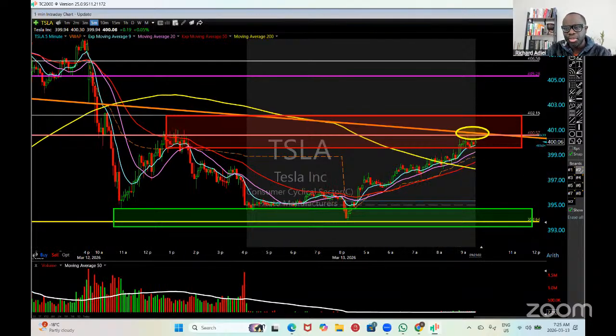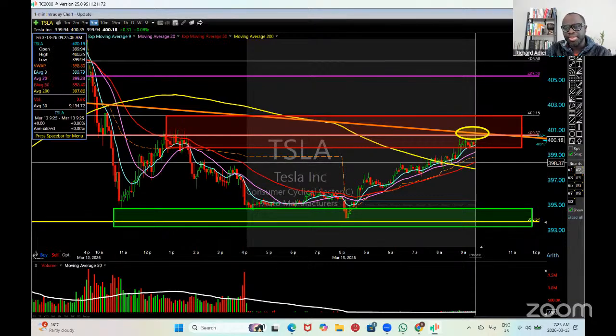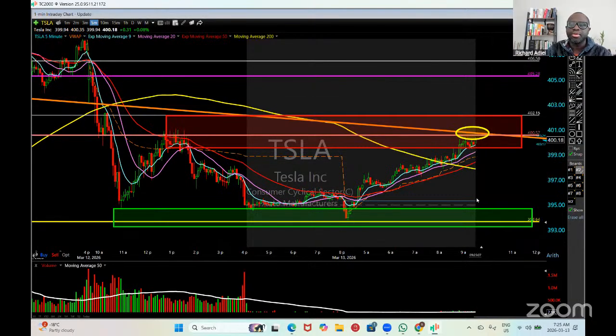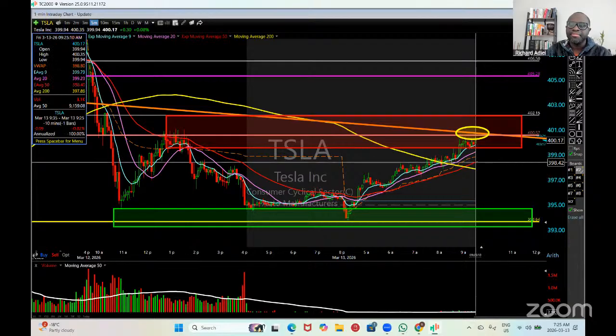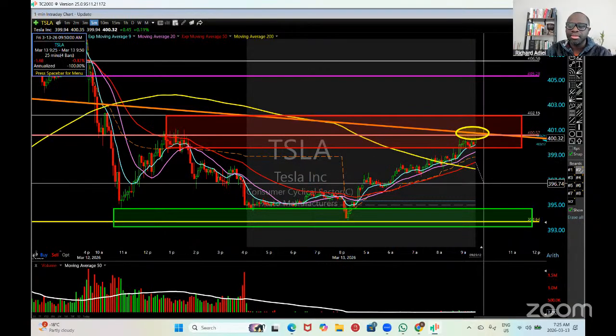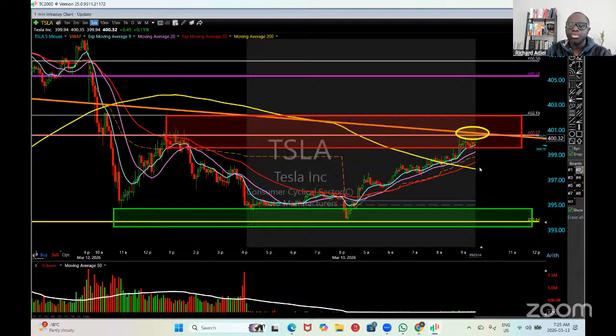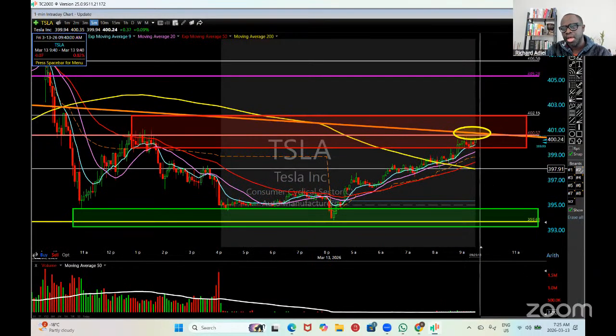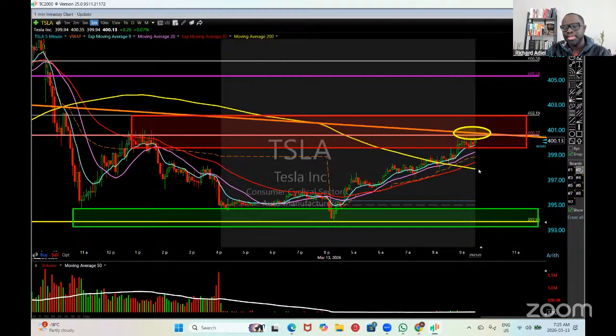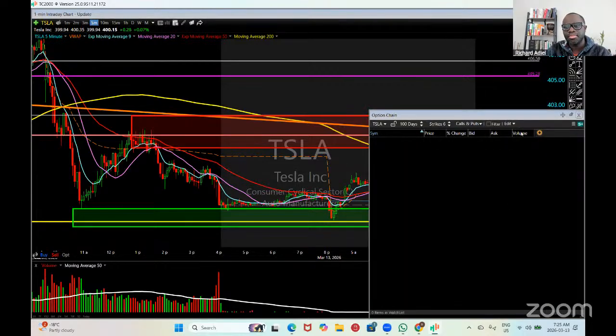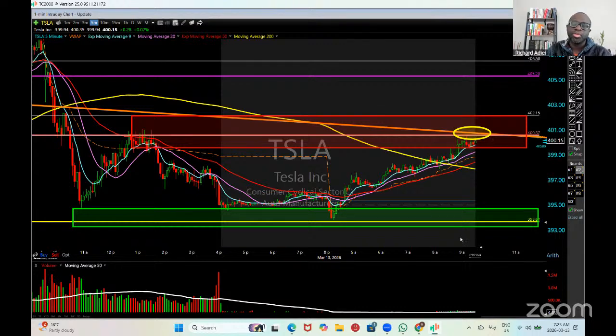If we get a pull to this area and buyers step in, we'll still get the same 400 calls to the upside. But if it cracks below the 50, we are going to look to get put options and ride it to the downside. You can get the 390 something, 397, 398 puts, the closest strike, expiring on Monday.